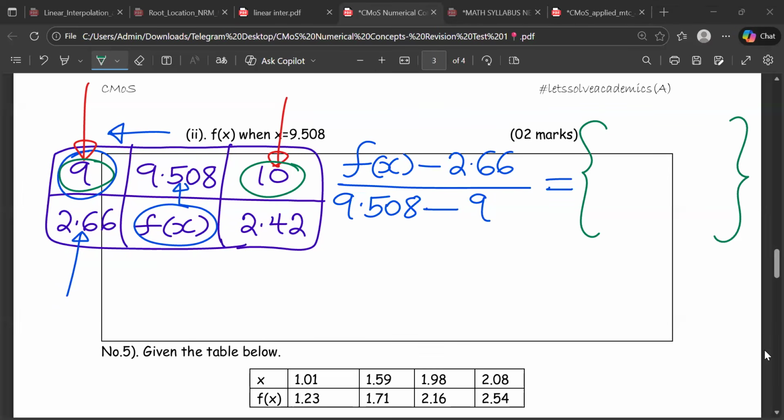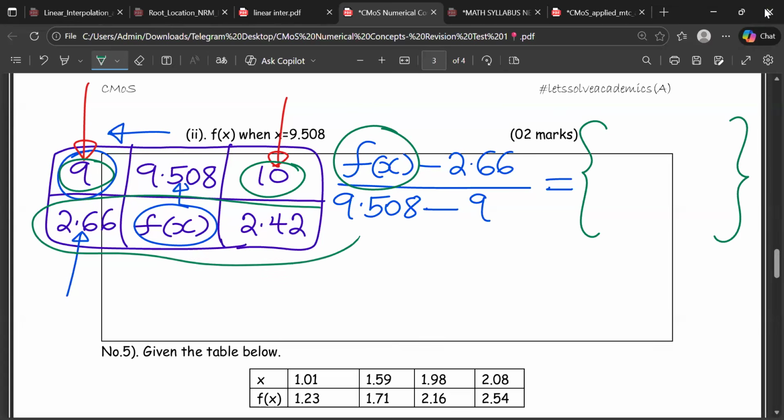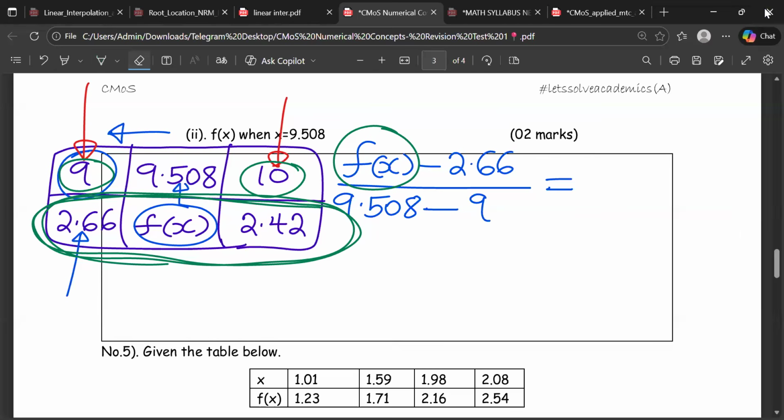People, don't you see that on top we had f of x? That means we should be in this row of f of x. You're supposed to maintain things. So on top we shall have 2.42 minus 2.66, because on the left we had f of x on top, and we should follow the direction.